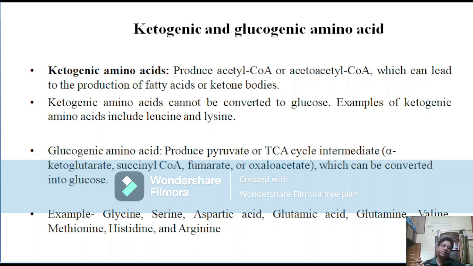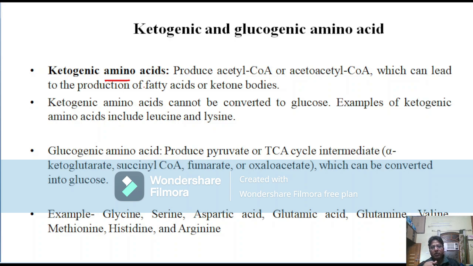Ketogenic amino acids are those which produce acetyl coenzyme A or acetoacetyl coenzyme A, so they can lead to the production of fatty acids or ketone bodies. Such amino acids are called ketogenic amino acids, and they cannot be converted into glucose.